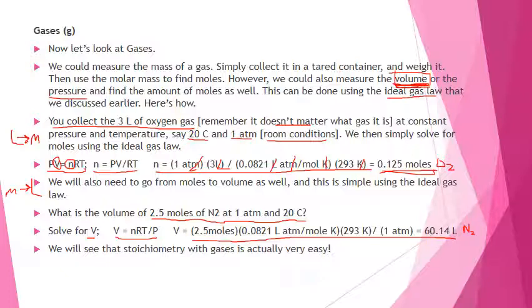So when you see a gas in a chemical equation, you will be using the ideal gas law to figure that out. We're also going to see that there's really a cool relationship where sometimes you don't even have to use the ideal gas law to figure out how much gas you have. We'll go over that when we talk about stoichiometry of gases.